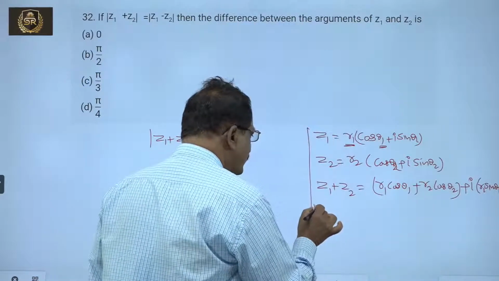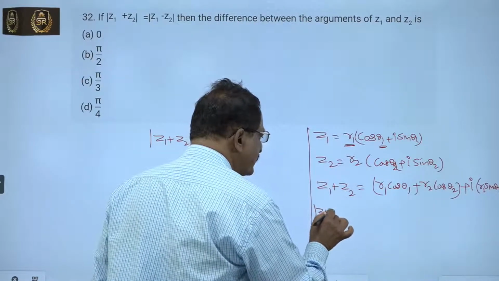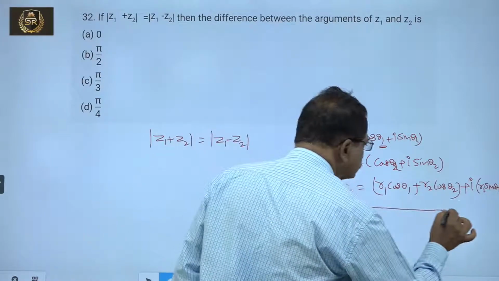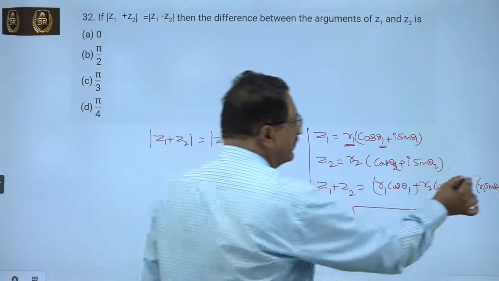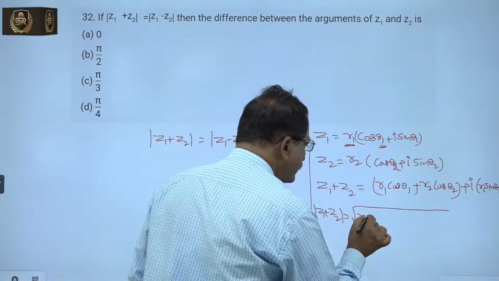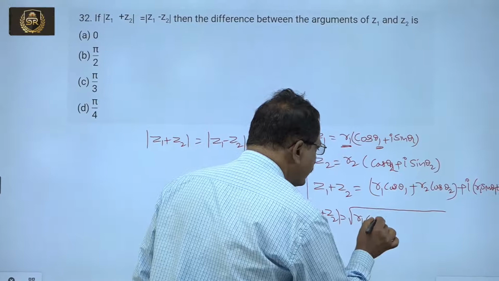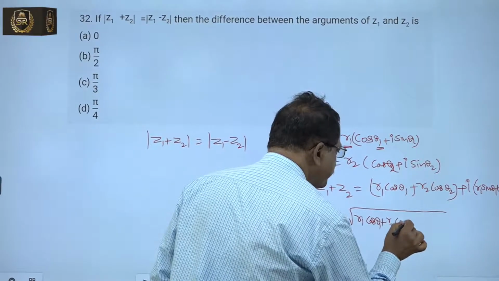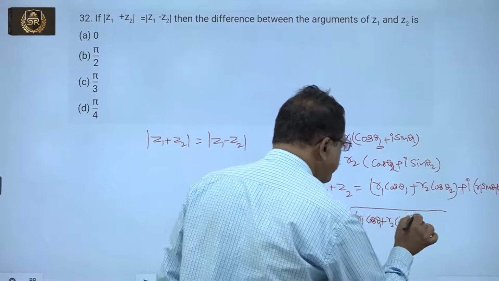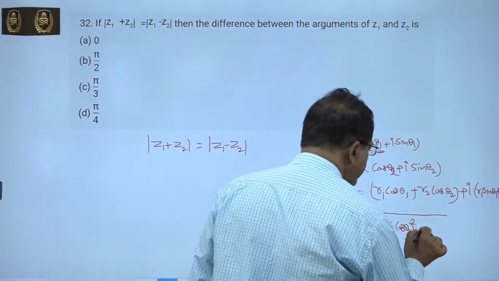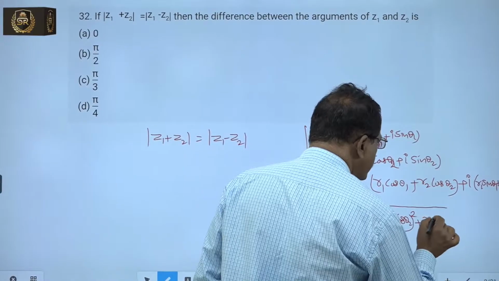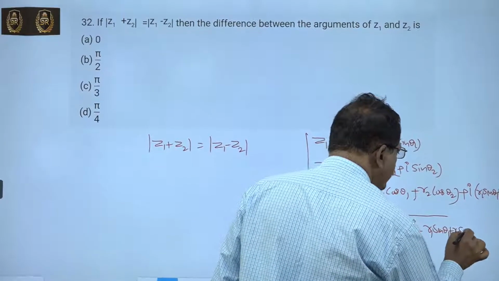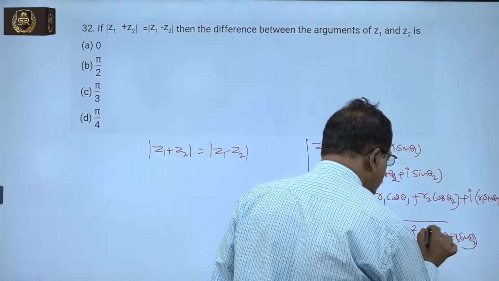Now, required mod of z1 plus z2. Mod of z1 plus z2 equals square root of real part square plus imaginary part square. r1 cos theta 1 plus r2 cos theta 2 whole square plus r1 sin theta 1 plus r2 sin theta 2 whole square.